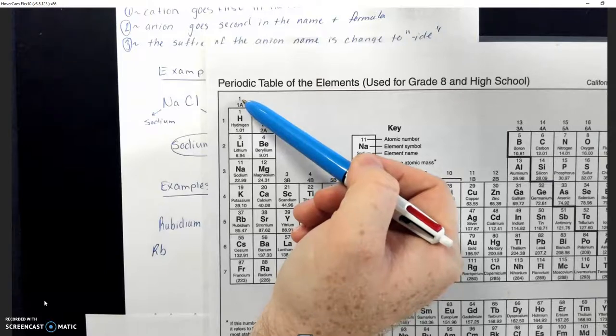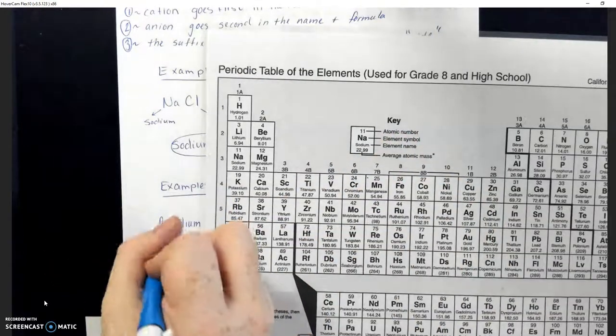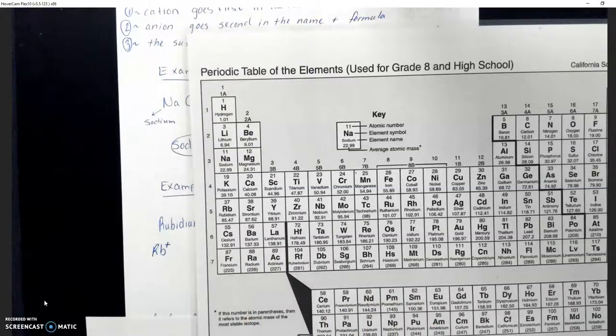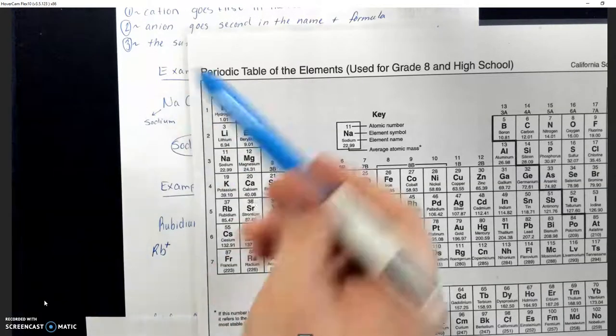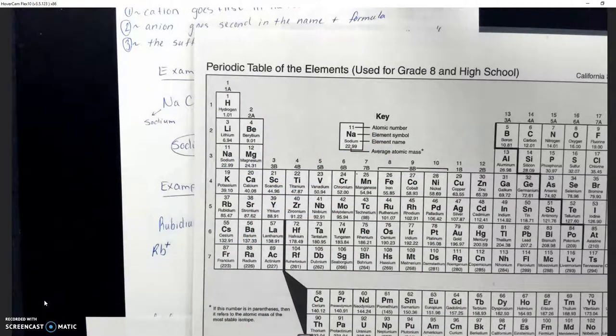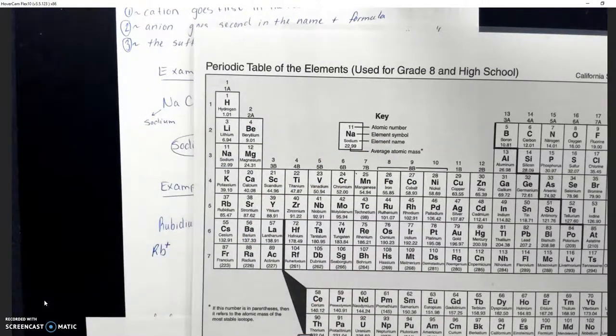And if it loses something negative, it's going to become positive, obviously. It's going to lose 1 electron, so it's just going to be positive 1. You don't have to put the 1 behind the plus in that case. You can just leave the plus there. The 1 is implied.